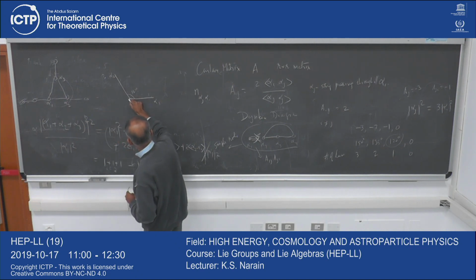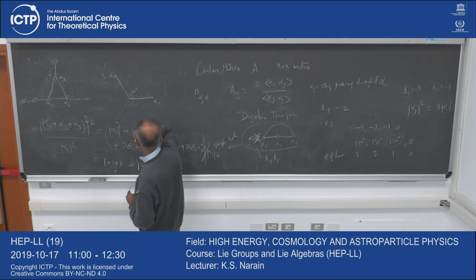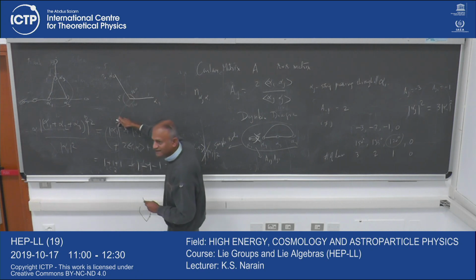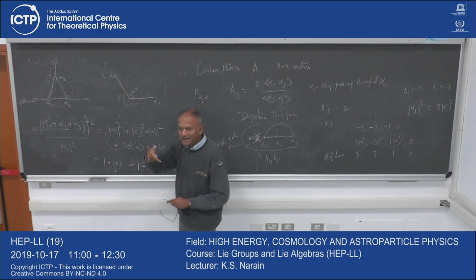So let's say this is 120. Once I make this 120, this is already in the one plane. Now, if I try to lift this, because it has to be linearly independent, it cannot be on this plane. If I try to lift it, the angle will become less than 120.